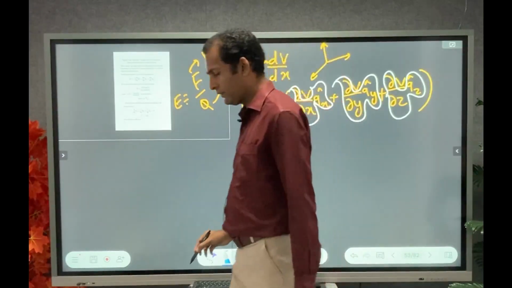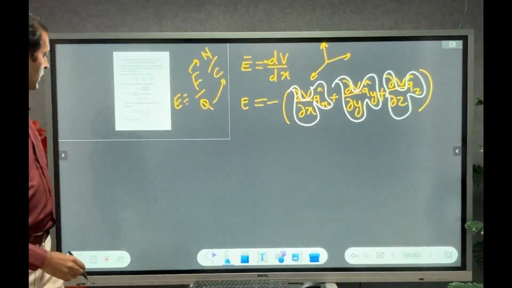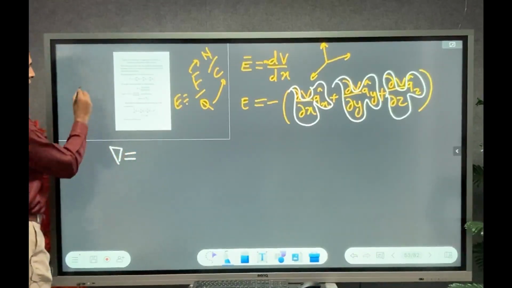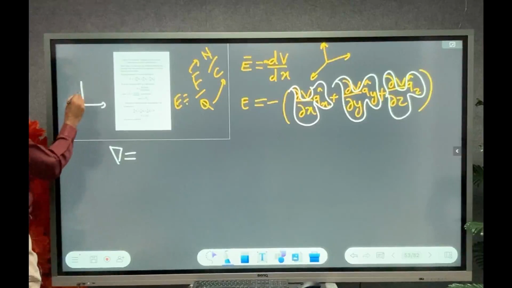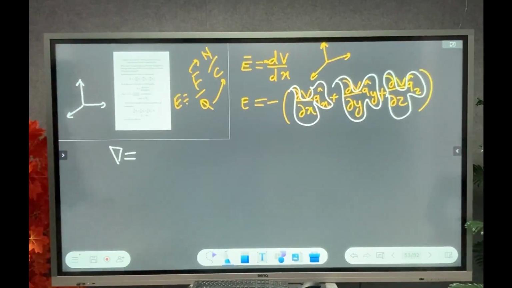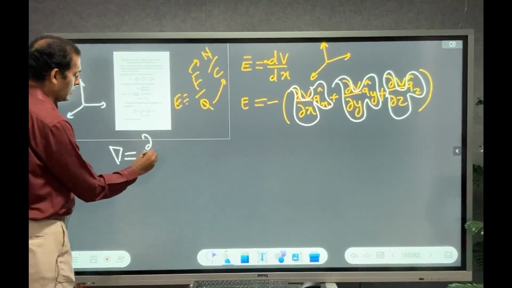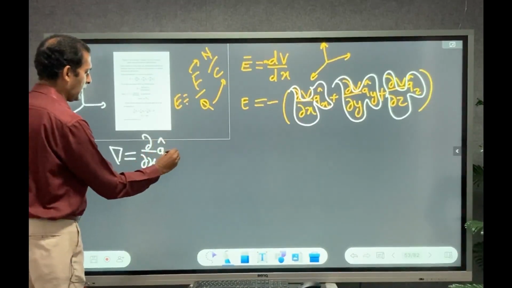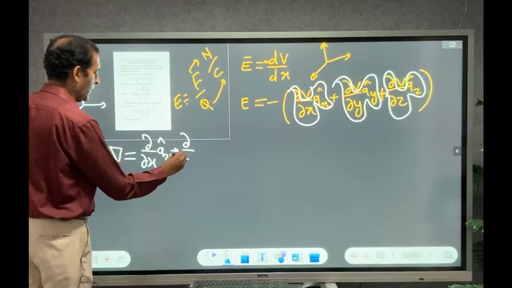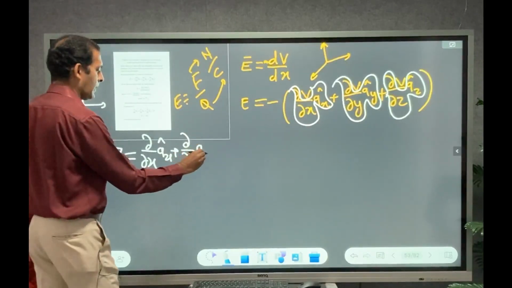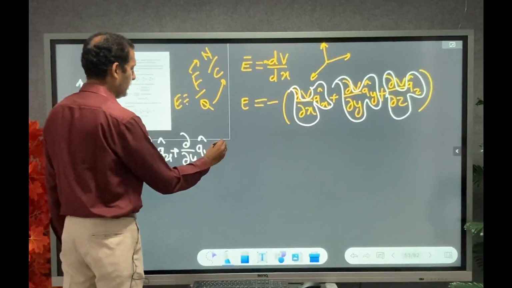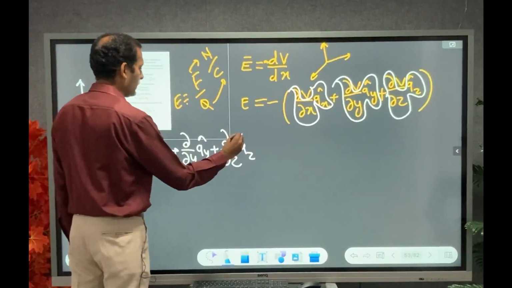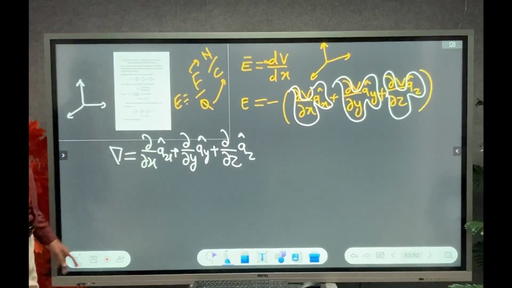Once again I will write here for simple remembering. The del operator is a vector spatial operator which represents the terms in 3 dimensions. So it is given by dou by dou x ax cap plus dou by dou y ay cap plus dou by dou z az cap.